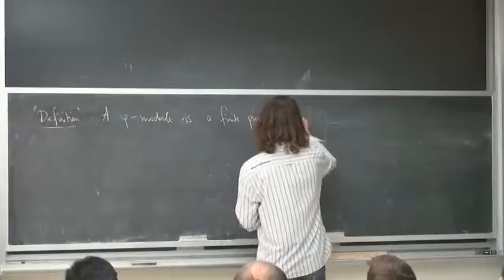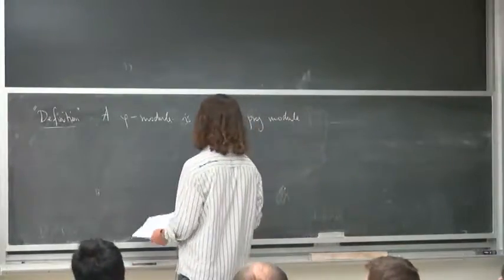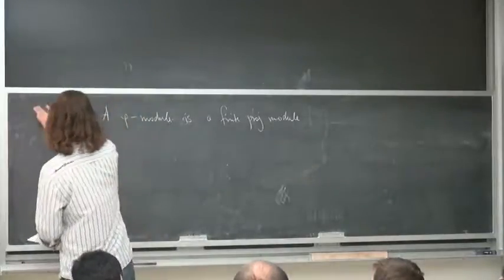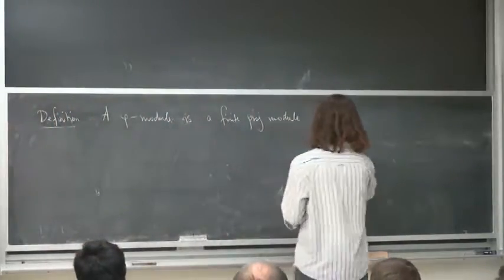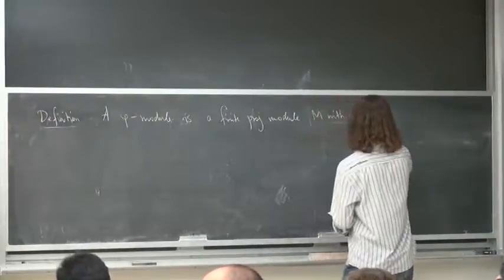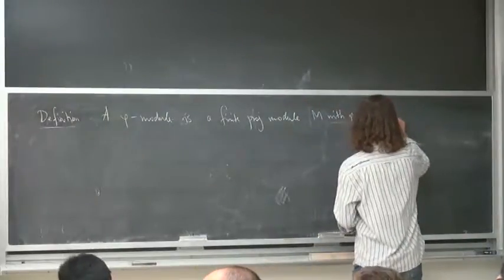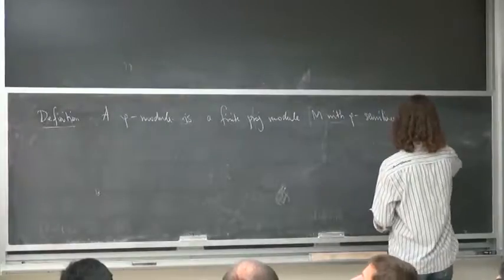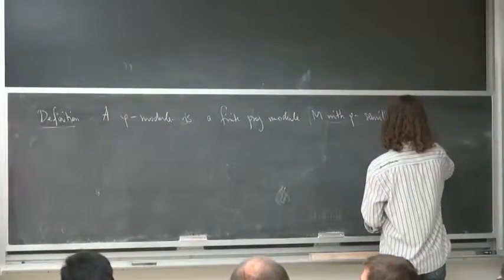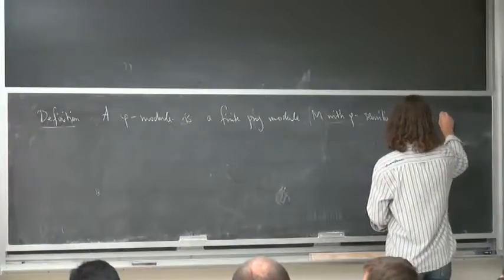Why is there a quotation mark? Well, it's some kind of meta definition, because you can also erase them. It's a finite projective module with a phi semilinear isomorphism phi M.